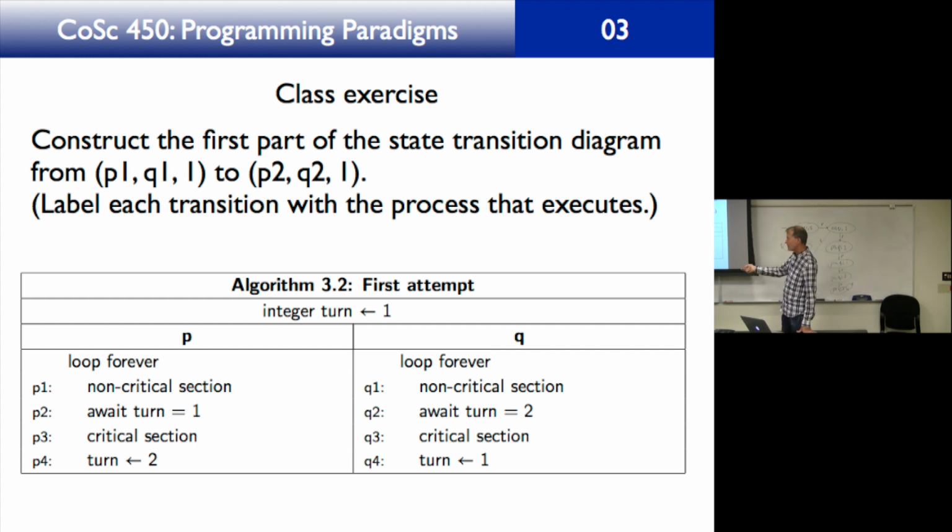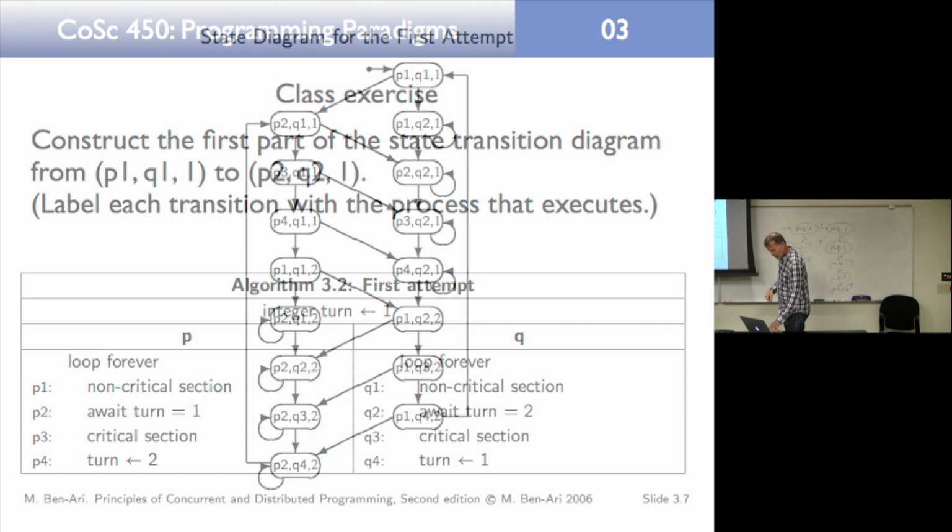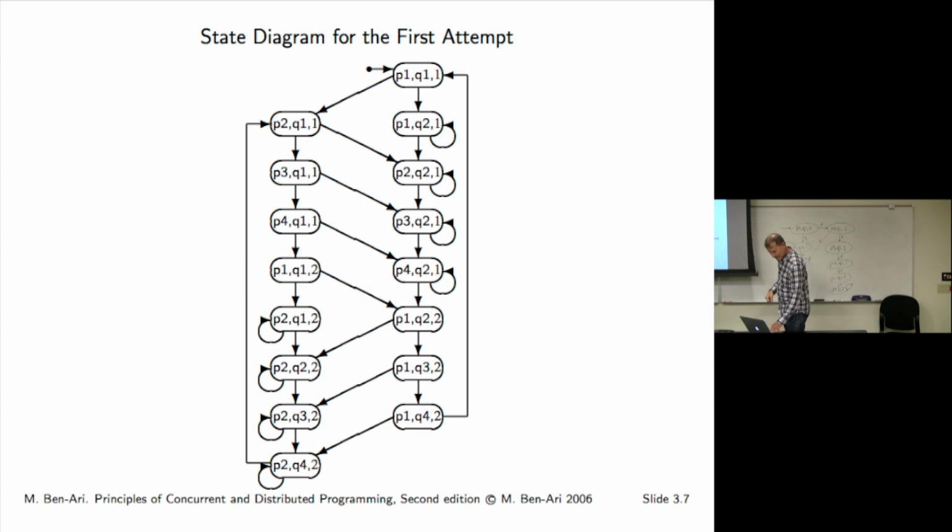It would be P4, Q4. Are you with me? Because P4 would be wanting to execute next, and Q4 would be wanting to execute next at the same time. Is everybody with me on that? So you would look for P4, Q4, and any value of turn. So let's look for that. Is there a P4, Q4?